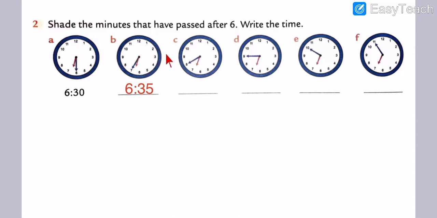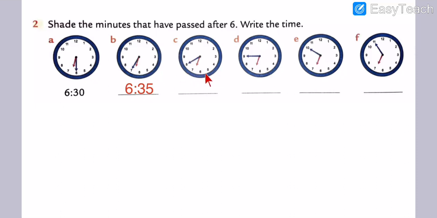See the first one. What is the time of this clock? The time is 6:40. Where is the minute hand? The minute hand is on 8, and 8 shows 40. And the hour hand is between 6 and 7.